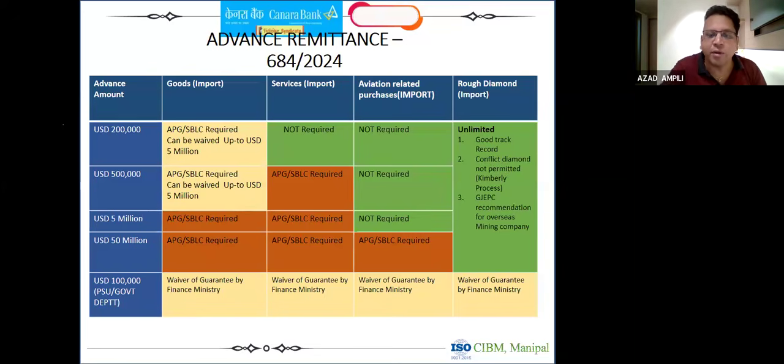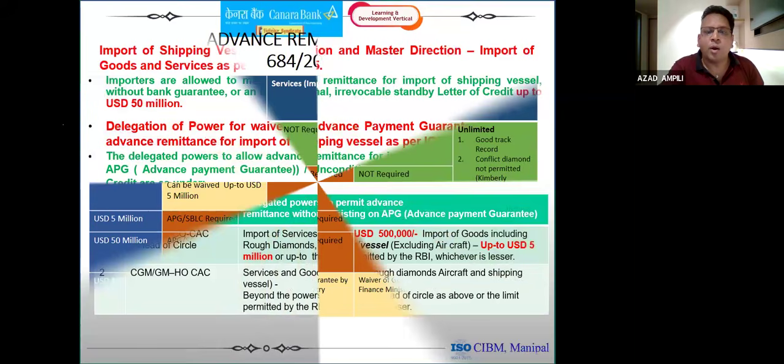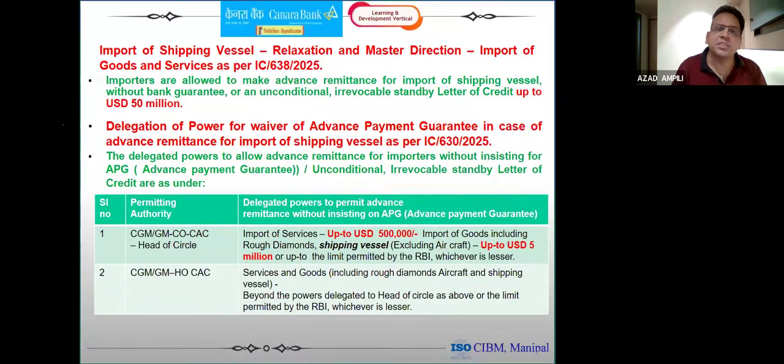Like the summary, this one I have given here. And on this, one circular came: 630/2025. It says that for a shipping vessel, CGM HO can permit up to 500,000. But after 2 days itself, one more circular came, 638/2025.